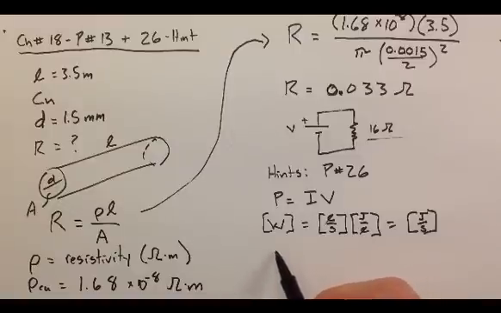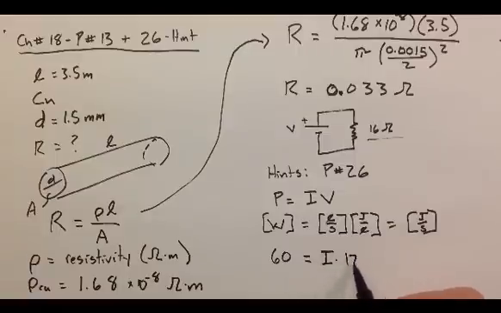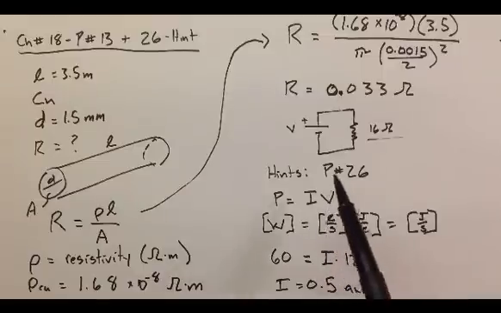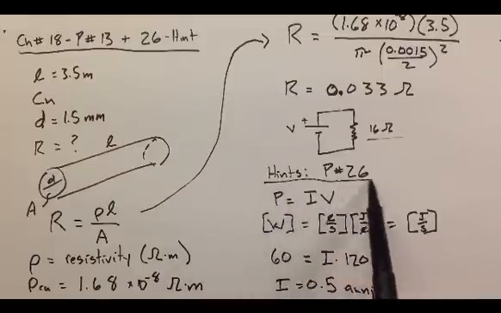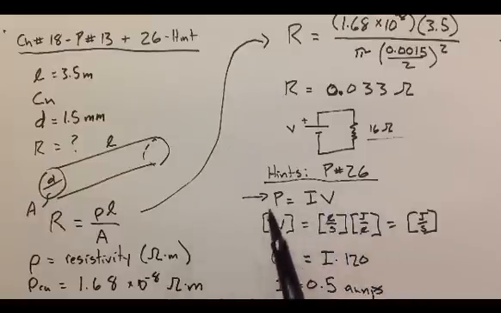So just an example, that 60-watt light bulb that's in your house that is plugged into a 120 volt outlet, you would be able to tell me that the current going through that 60-watt bulb is about 0.5 amps, right? Just as a little example of how to do that. But I will let you tackle problem 26 on your own. As a hint, you are going to use this formula here.